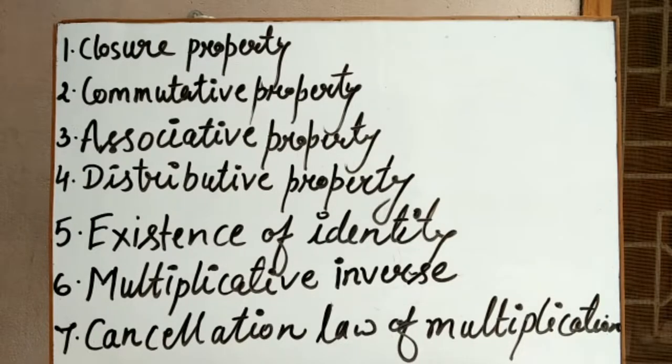First, closure property. Second, commutative property. Third, associative property. Fourth, distributive property. Fifth, existence of identity. Sixth, multiplicative inverse. And last, seventh, cancellation law of multiplication.